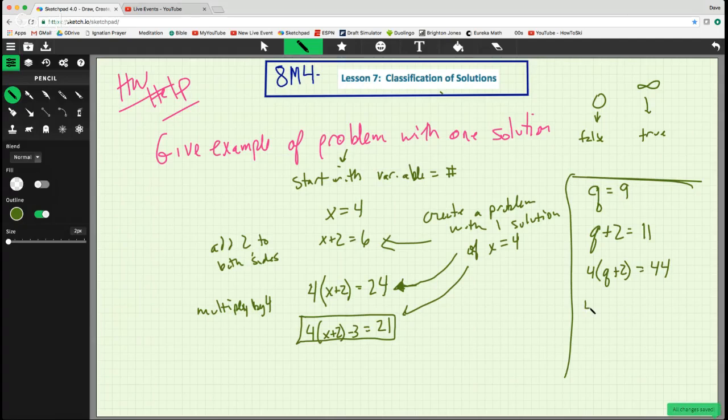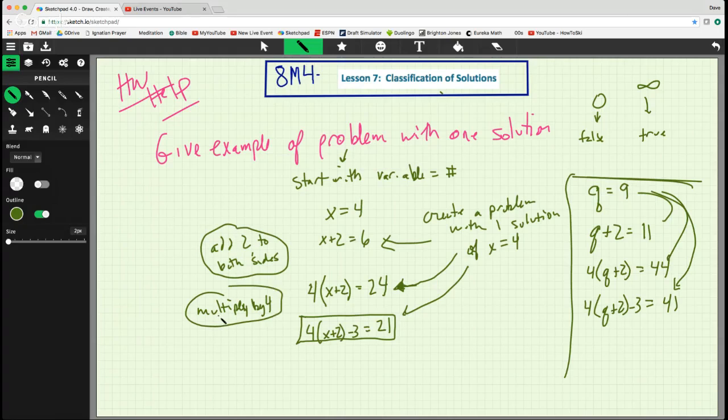We're going to subtract 3 from both sides. These all have an answer of Q equals 9. Do you think I always have to do this exact thing of adding 2, multiplying by 4, and subtracting 3? No. You could make these be any numbers.